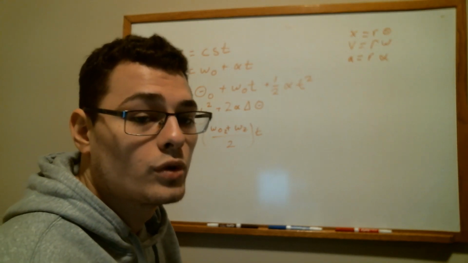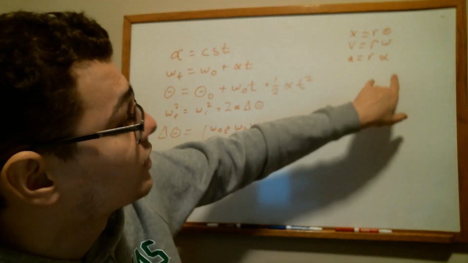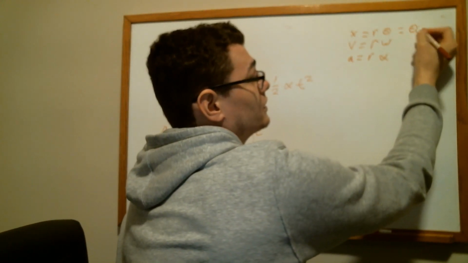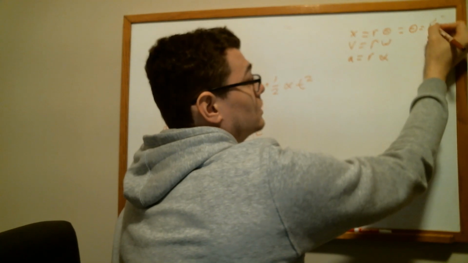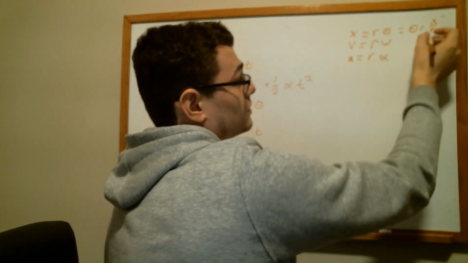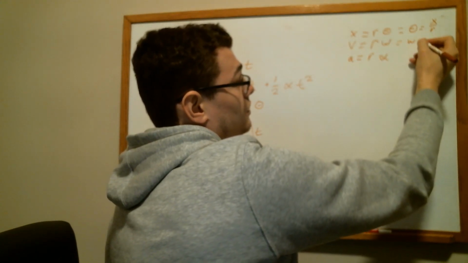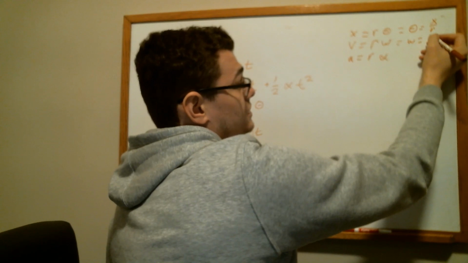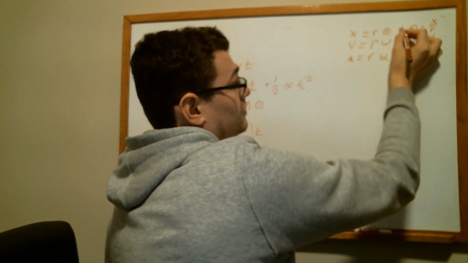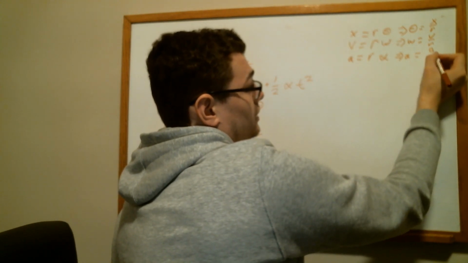So now theta is going to be equal to x over r, which is basically our arc length. And then we have that omega, our angular velocity, was equal to v over r, and that alpha is going to be equal to a over r.